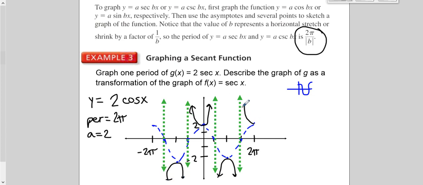This one we could draw half of it. You draw half of it. And these are your secant curves. 2 times secant x. There it is. This was our little cosine sketch. Okay, that's example 3.